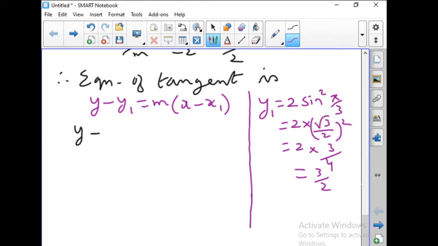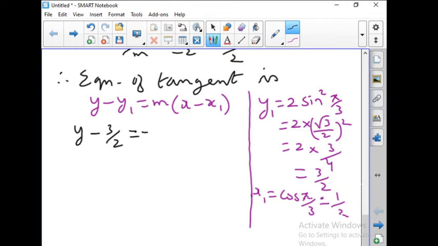Similarly, x1 is equal to cos pi by 3. x is cos t, so cos pi by 3, which is equal to cos 60. So cos 60 is 1 by 2. Okay. So what is y1 now? 3 by 2.